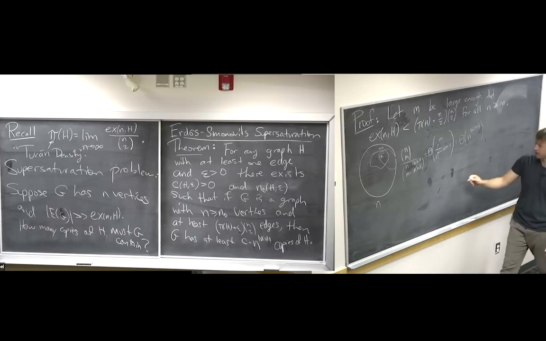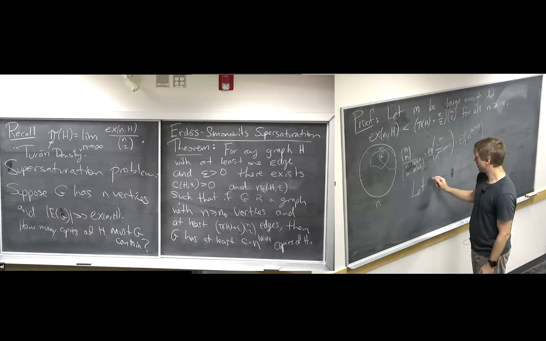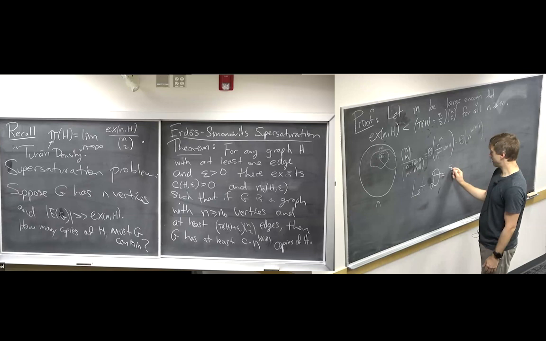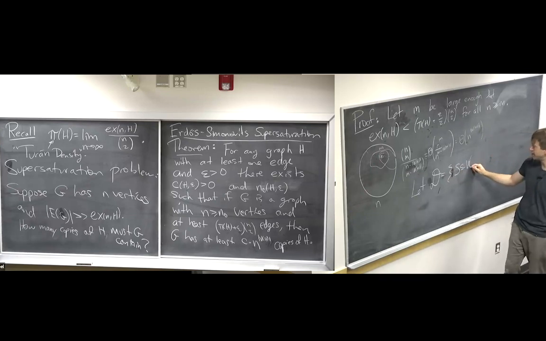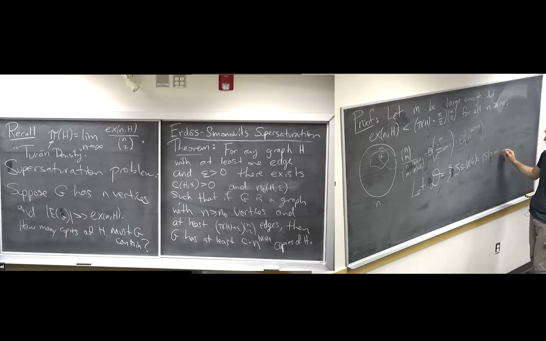So let D be the set of all subsets S of the vertex set of G such that the size of S is M, and the number of edges within S, which I'm going to write as little e(S), is at least (π(H) + ε/2) times M choose 2.